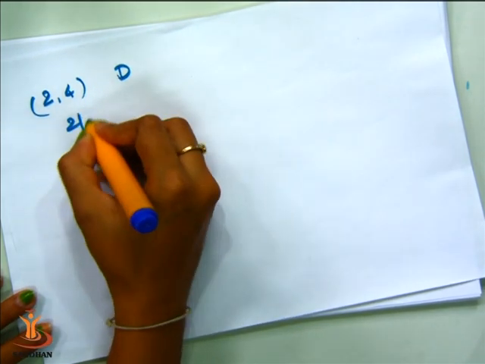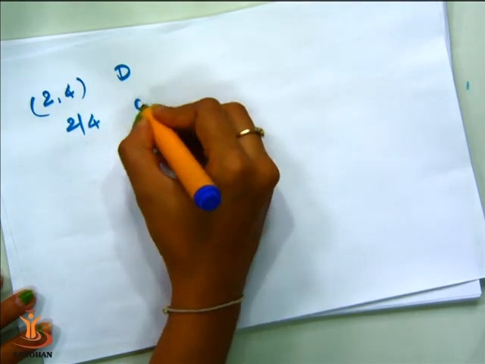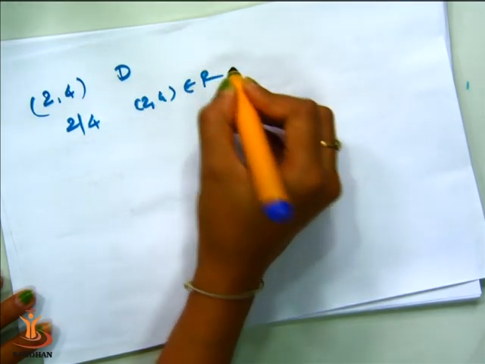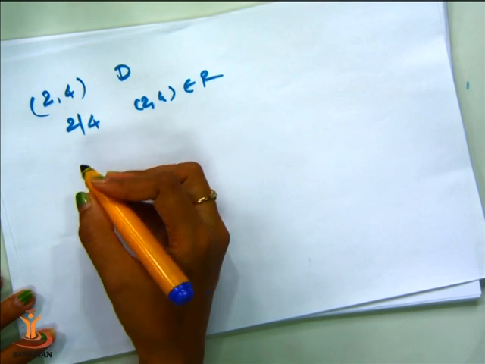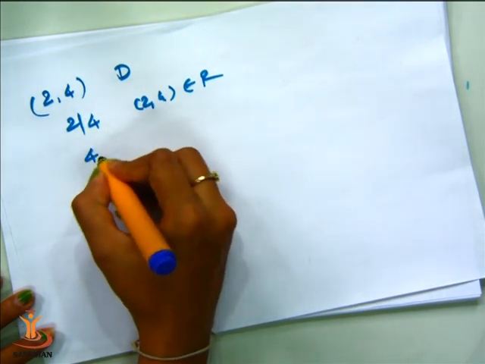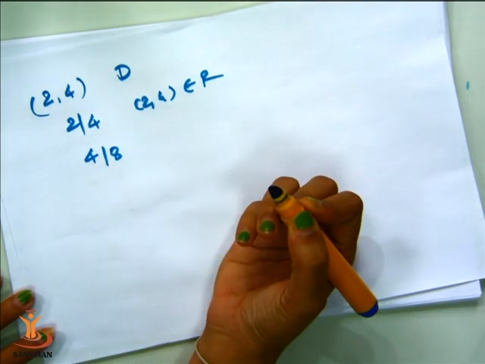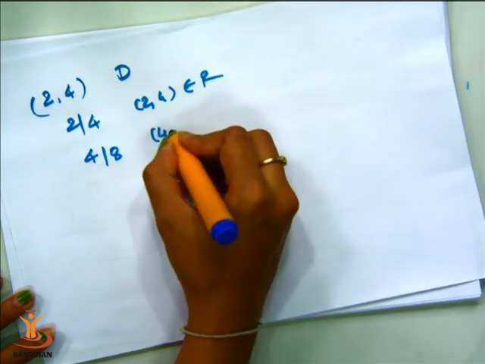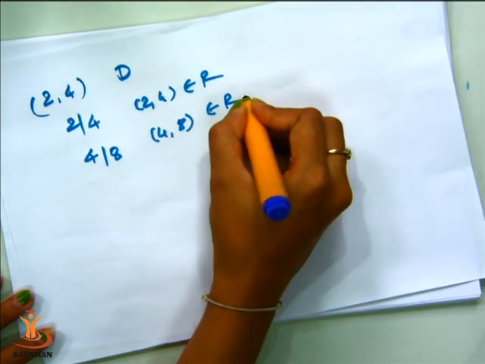So 2 divides 4, yes. So (2, 4) belongs to R in our relation. Also we have here (4, 8); 4 divides 8, yes. So (4, 8) belongs to R.